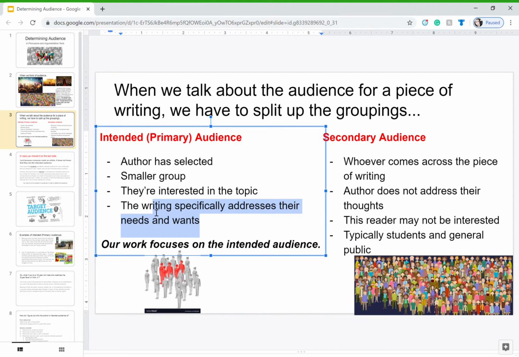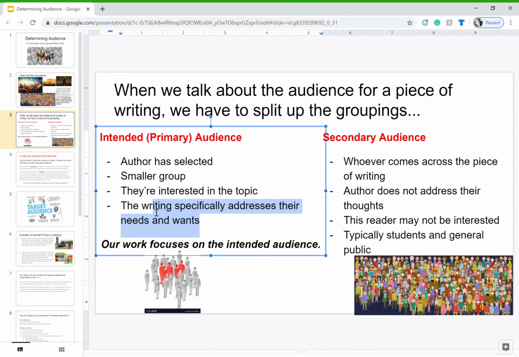All right. Now, if you are a secondary audience member, you are a bit different from Miss LeJam trying to clone a dog in her basement. You are someone that comes across that piece of writing by chance, because someone makes you read it, by someone telling you to read it, suggesting it. You are not who the author had in mind when they wrote that book or wrote that piece of writing.